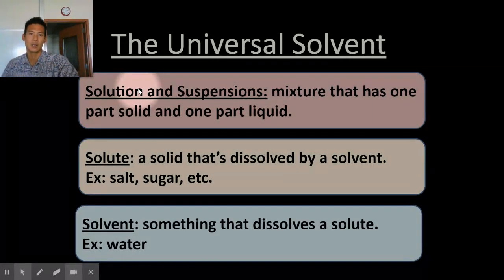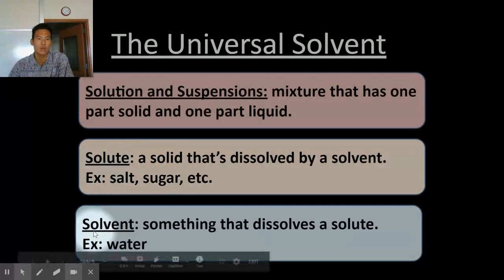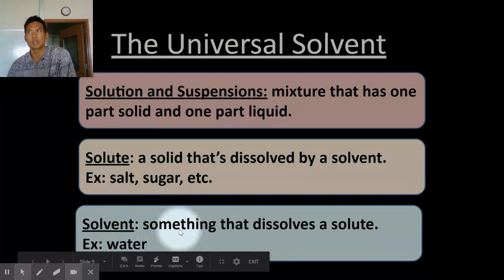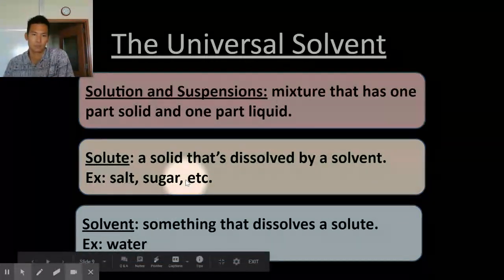Now, in this case, the solid part is known as your solute. Example: in salt water, you've got salt, and that's your solute. In a solution or suspension, the liquid part is known as your solvent. So in salt water, the solvent is the water and the solute is the salt.